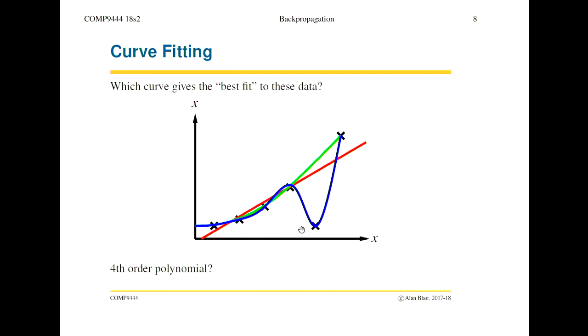Well, maybe I'll just say a little bit more about this. So the straight line is reliable. You're probably not going to go too far wrong with the straight line, but I would tend to think that the parabola is better than the straight line because it does fit the points very well. Now, the choice between the parabola and the quartic is sort of interesting.